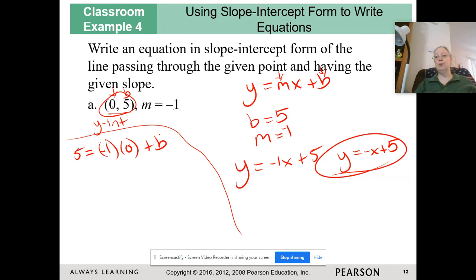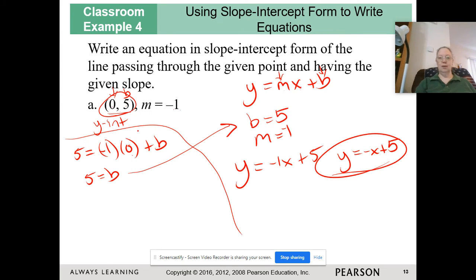So -1 times 0 is 0, and we end up with b equal to 5. So that allows me to continue from there. Either way will work. This just takes a little bit more time if you don't happen to notice that this is our y-intercept.